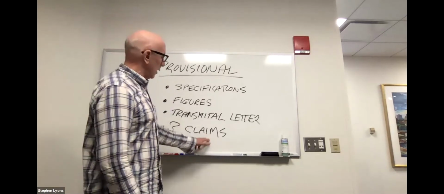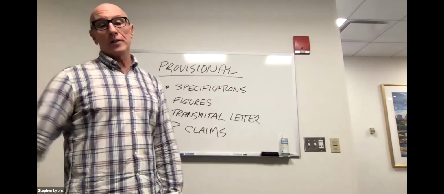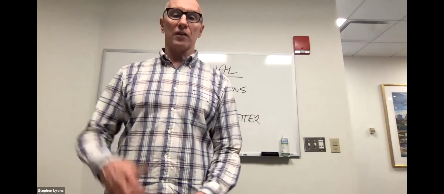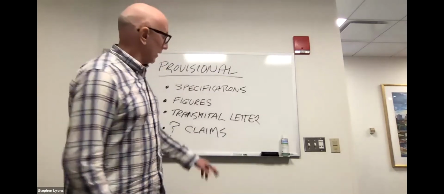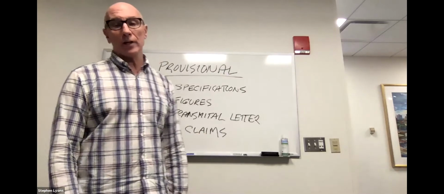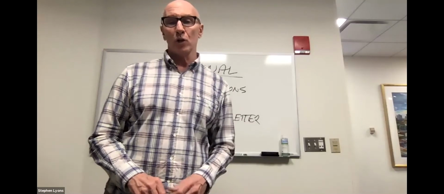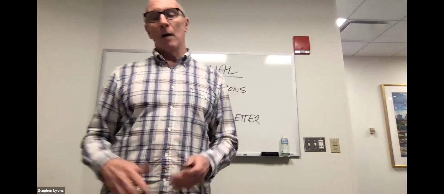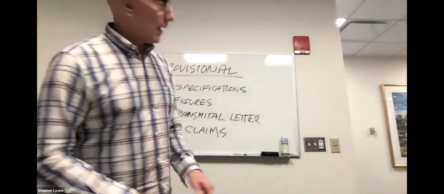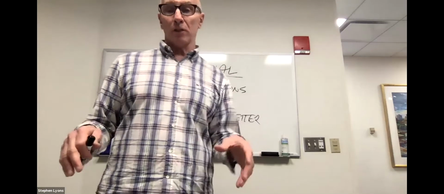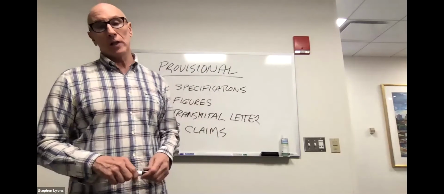What the USPTO will do when somebody files a cancellation action against you because they think that you've overstepped, the examiner or the court or the administrative judge will go to the claim section and see what it is that you said that your invention can do. And anything that falls outside of that description will not be protected.